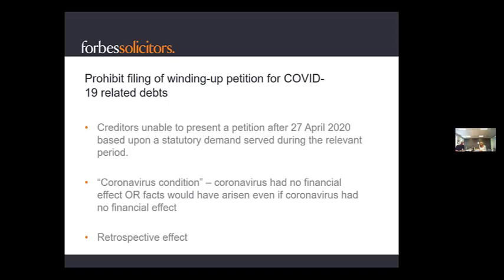Should a creditor believe that the indebtedness to them is not coronavirus related, they are able to rely upon the coronavirus condition. Now, this is something which needs to be stated within the petition itself, and essentially what they're going to have to demonstrate to the courts is that coronavirus had no financial impact, or that the facts that have given rise to the petition would have arisen even if coronavirus had no financial effect.